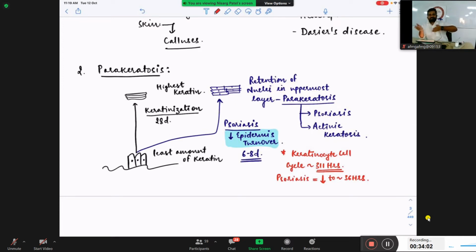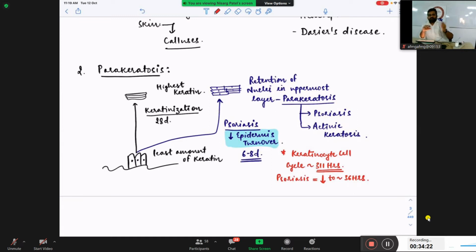So it is a constant upward movement. It generally takes 28 days. Some older textbooks say 56 days, but it is not just a single answer. For your exam, the newer answer is 28 days.